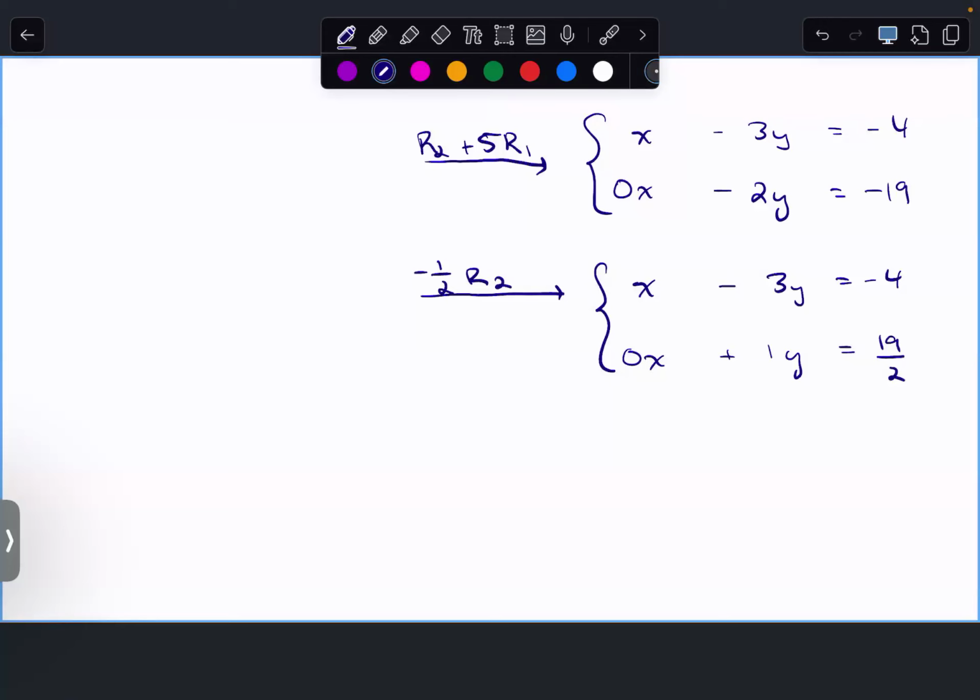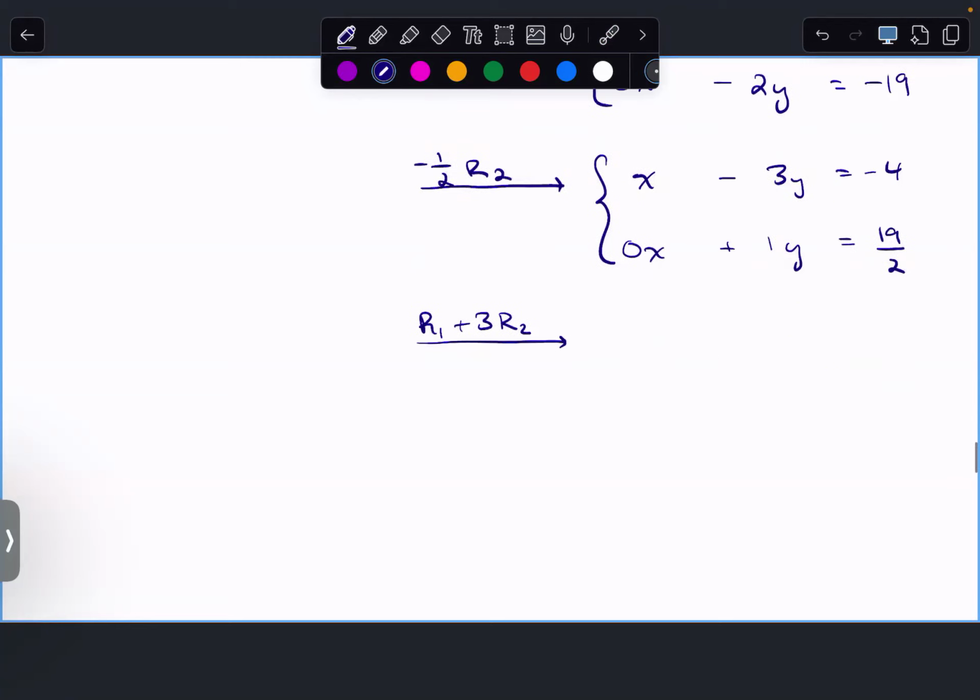I'm so close. My next target is this little guy, the -3y. I'm going to add 3 times row 2 to row 1. So here, row 1 plus 3 times row 2. 1 plus 3 times 0 luckily is still 1.